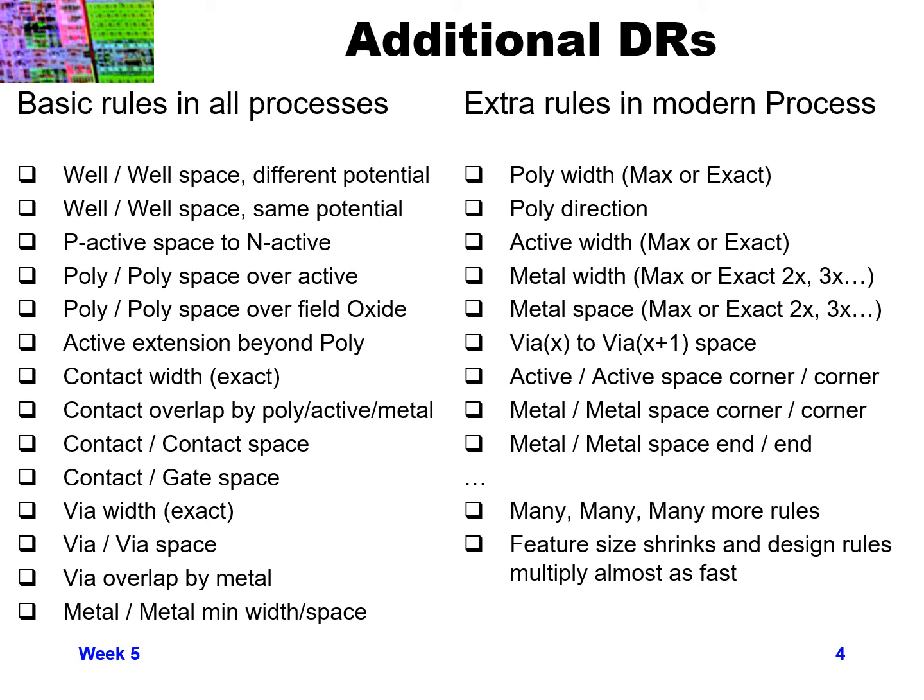In the really latest process technologies, you have one poly width, and that's the only poly width you use everywhere. One poly direction, and that's the same direction you use everywhere. You don't have bidirectional poly. Sometimes your active width might have a certain maximum active width that you can have, or it might need to be an exact active width. Like you can only have one width of your active, and it's the same width that you use everywhere, for example.